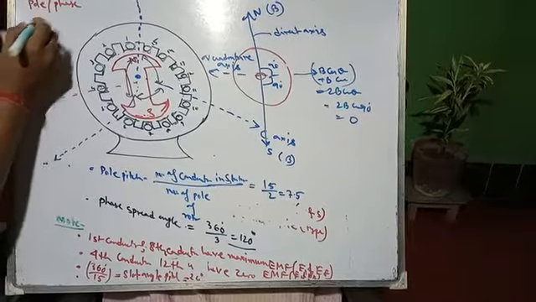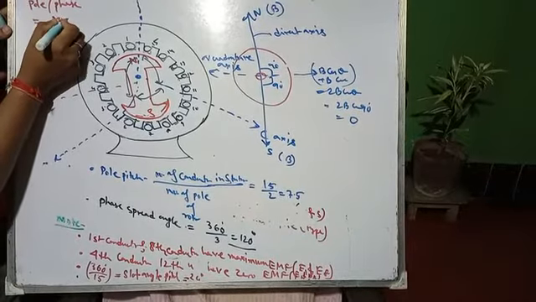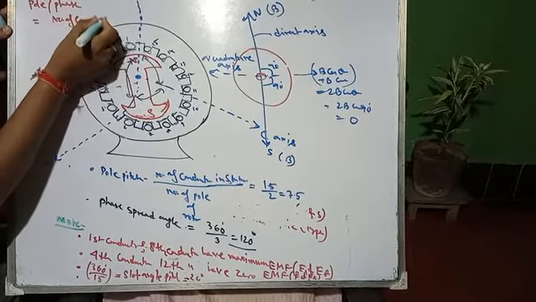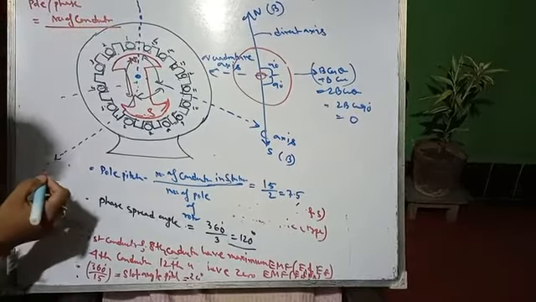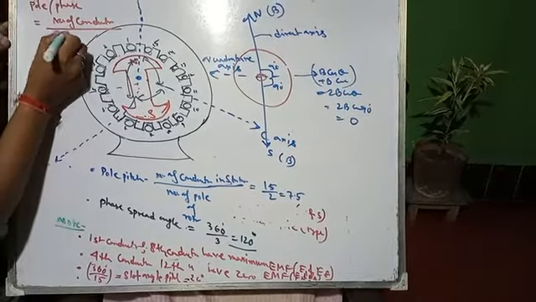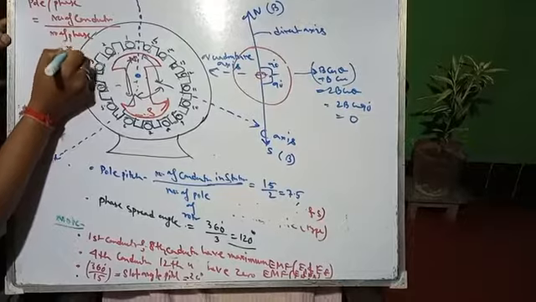Pole per phase means the total number of conductors divided by the number of phases into the number of poles.